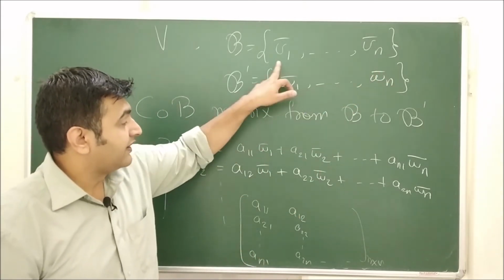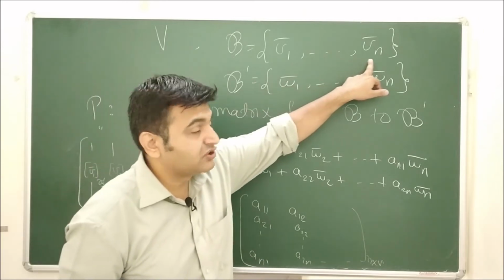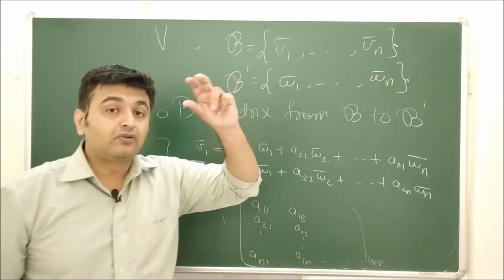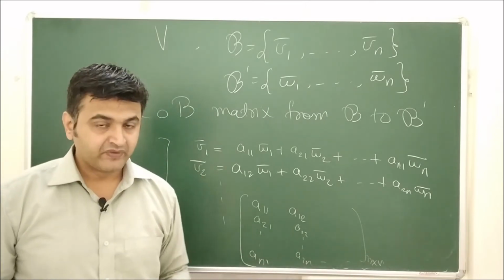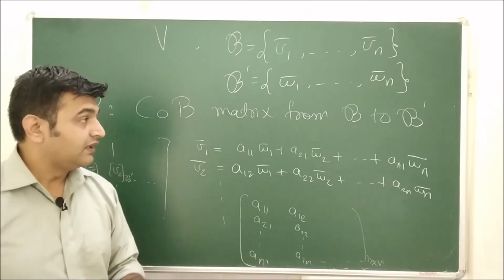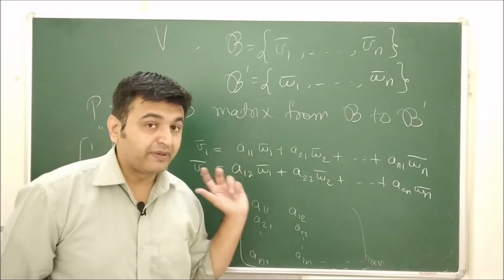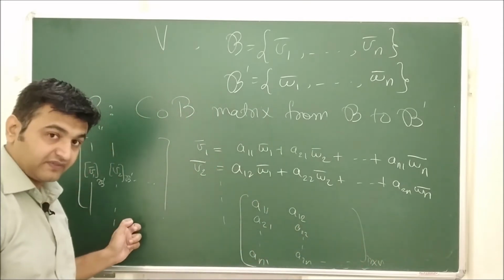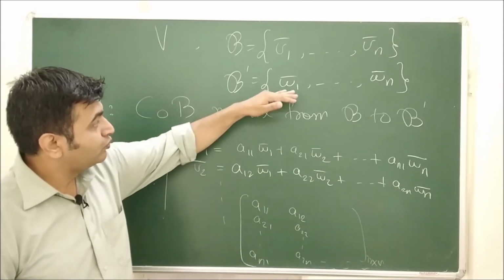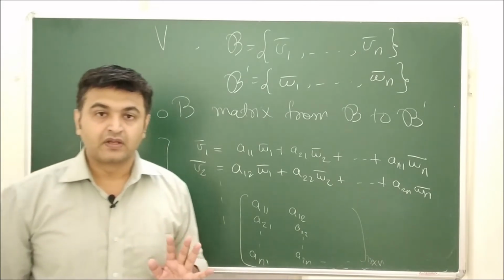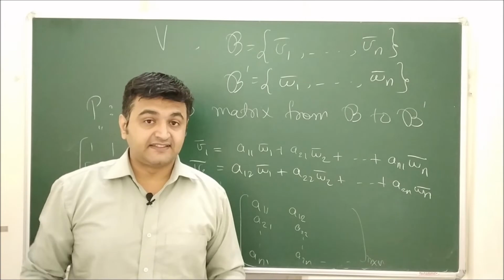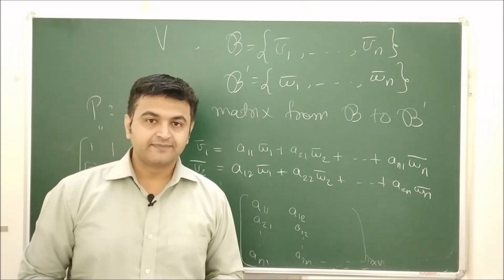Take w2, write it as a linear combination of v1 to vn, and write down that coordinate vector as your second column, and you keep on doing that. So there are two ways to find the change of basis matrix from B prime to B. Either take the inverse of this, or you do the same procedure you did for the matrix P. And that is how one finds the change of basis matrix.